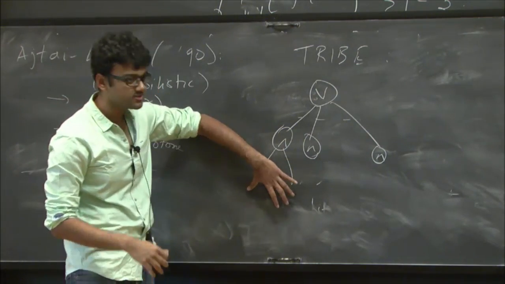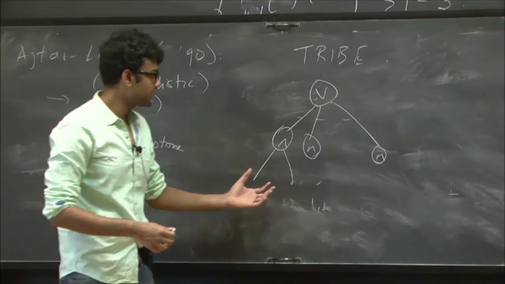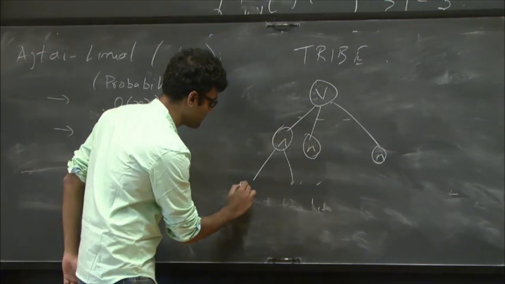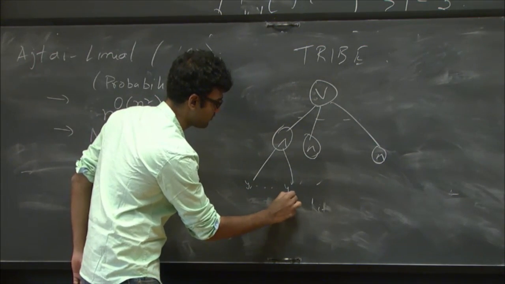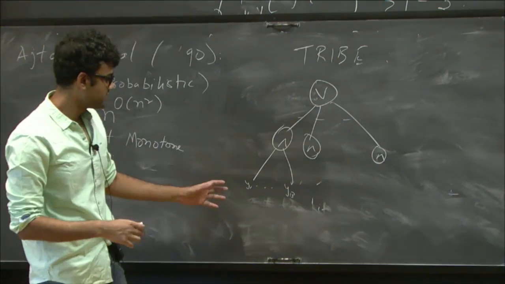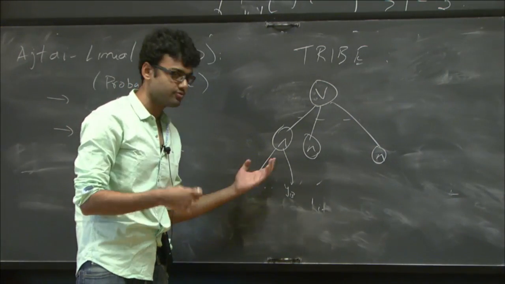These variables correspond to tribes, and the function evaluates to 1 if there is unanimously a tribe which says 1, right?